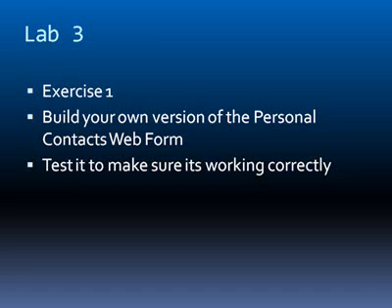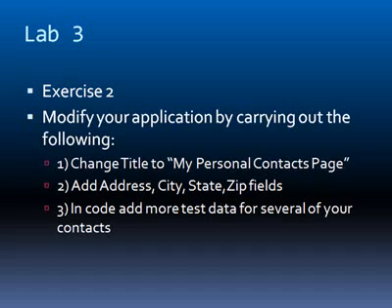First of all, you're going to build your own version of the personal contacts web form. You want to test it to make sure it's working correctly. We've laid out all of the steps already in these slides, so you should find it pretty straightforward. And then in exercise 2, you're going to modify your application by carrying out a few extra steps.